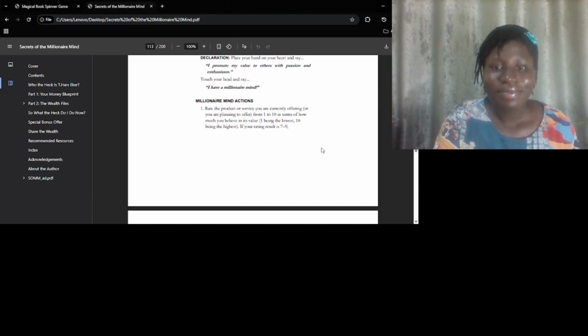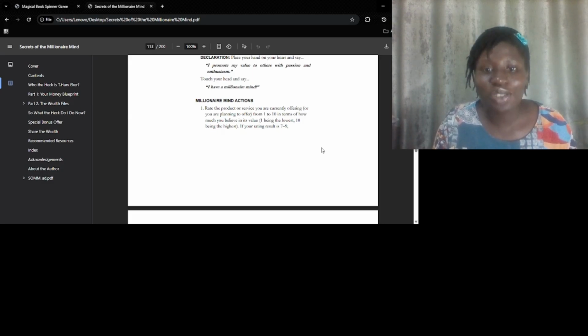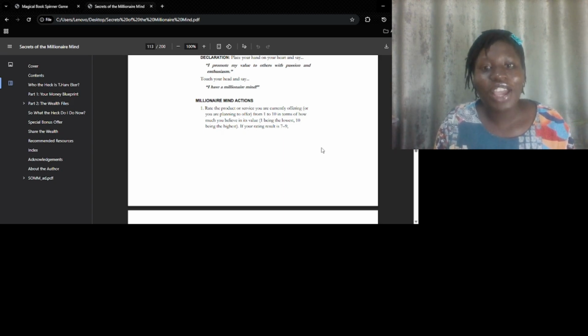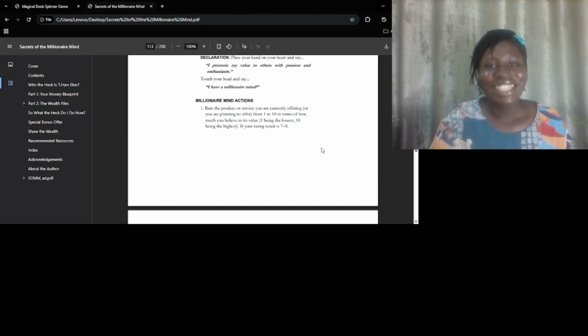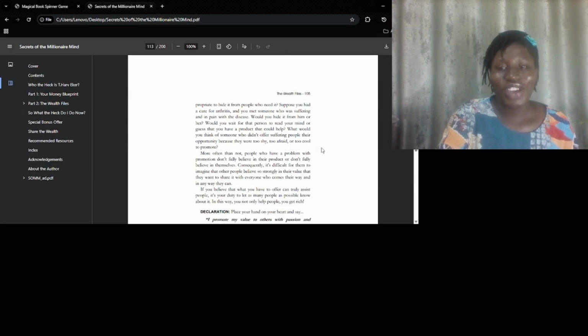One, rate the product or service you are currently offering or you are planning to offer from 1 to 10 in terms of how much you believe in its value. 1 being the lowest, 10 being the highest. If your rating result is 7 to 9, oh my god, that is the end of page 105.